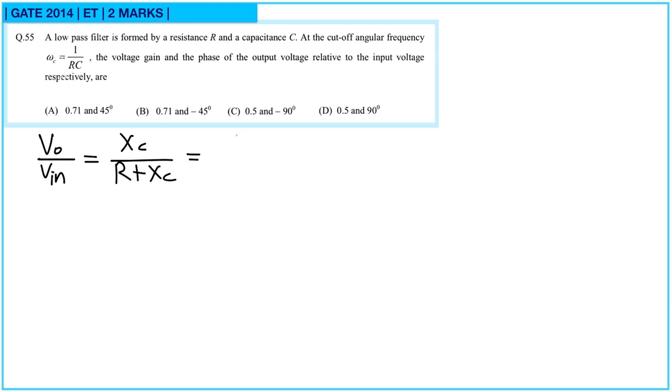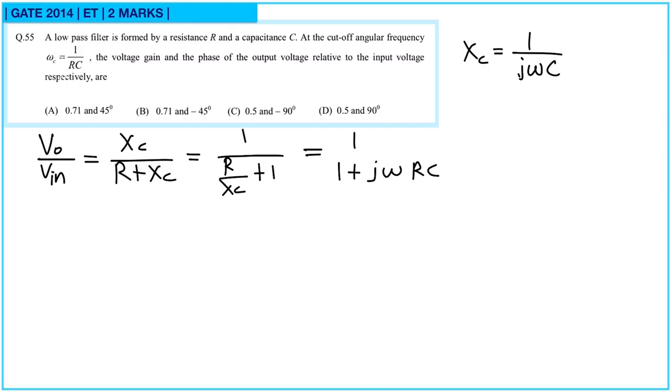We can divide by XC, so this will be R upon XC plus 1. But XC is equal to 1 upon j omega C, so we can use this value here. So 1 upon XC will be j omega C. So this will be 1 upon 1 plus j omega RC.